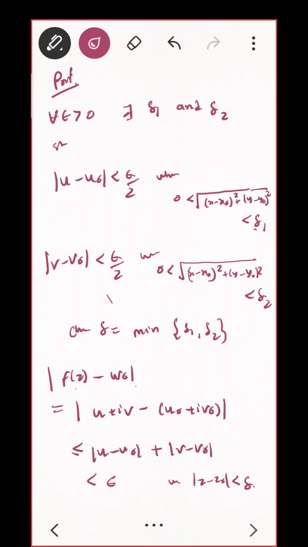Now conversely, how do you start? You are given limit z tending to z naught f of z is equal to w naught. This is what you are given with. Correct? That means what?